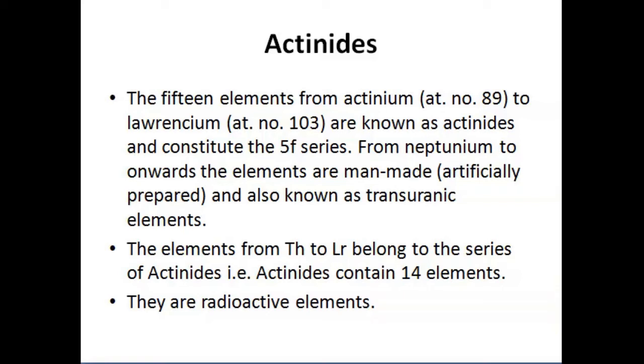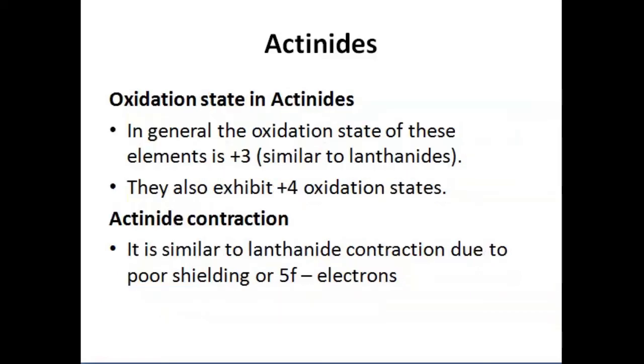So from neptunium onwards the elements are man-made, and they are called as transuranic elements. The elements from Th to Lr, they are going to belong to the series of actinides. That is, in total, actinides will contain 14 elements, and basically they are radioactive elements.